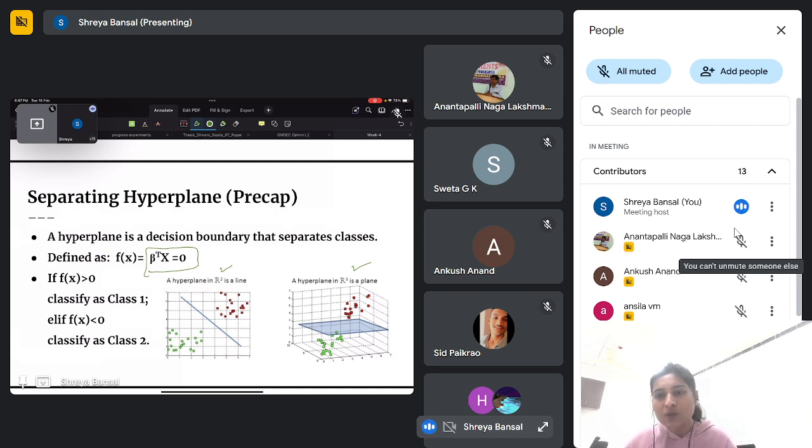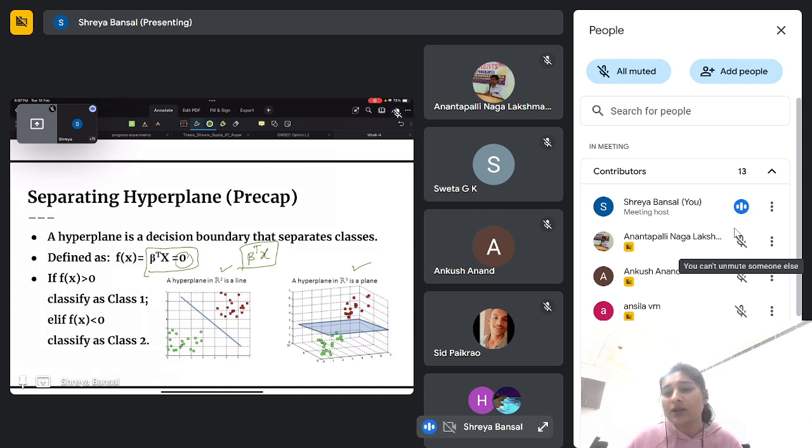This beta transpose x is the same as what we learned in linear regression, and the 0 means the boundary. If beta transpose x is greater than 0, then it will be class 1. If it is less than 0, then it is class 2.